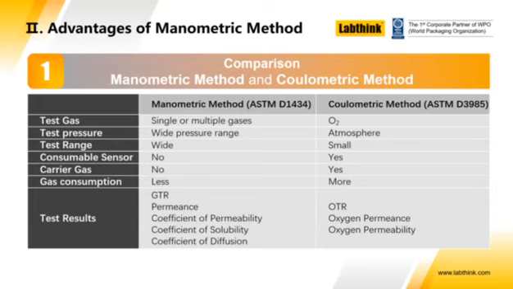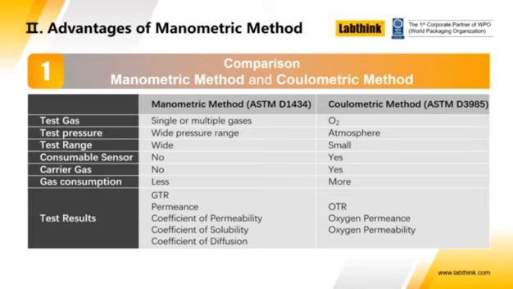With the manometric method, because we're not using a consumable sensor, this method employs a very sensitive differential pressure transducer. The pressure range can be very, very wide, and so it's possible to measure both high barrier materials, or those with very low transmission rates, and very poor barrier materials, or those which have very high transmission rates.